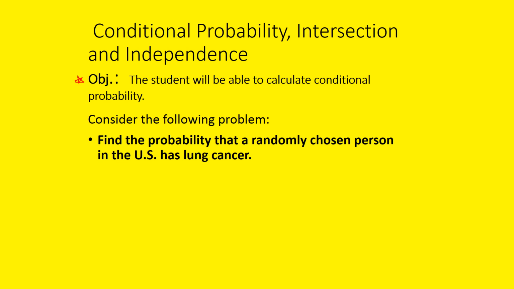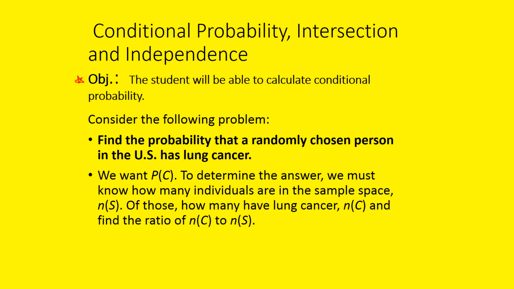Consider the following problem. Find the probability that a randomly chosen person in the United States has lung cancer. So we want to know P of C, the probability of cancer. To determine the answer, we must know how many individuals are in the sample space, N of S, that is, the number of people in the U.S. Of those, how many have lung cancer?